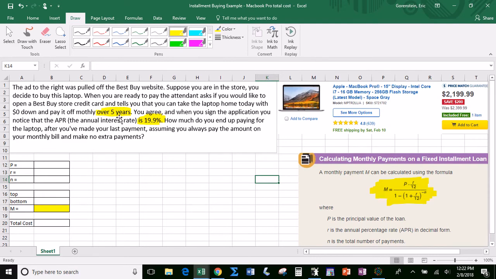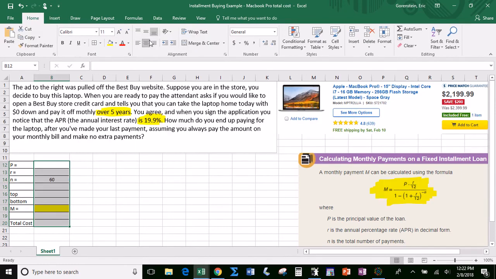So 5 years, 12 payments per year, 12 times 5 is 60. So down here next to the N, let's pop in a 60. Okay, so we're making 60 total payments at an interest rate of 19.9%, or if we convert this to a decimal, 0.199.